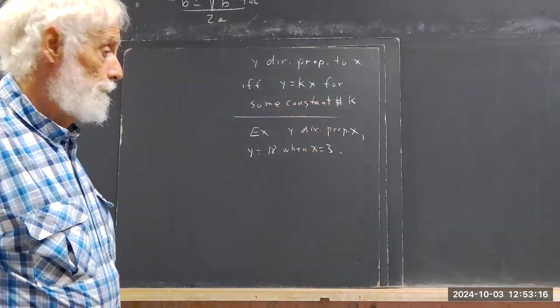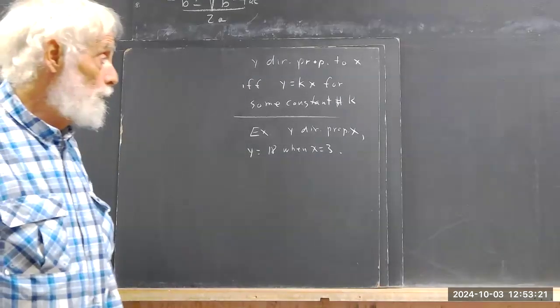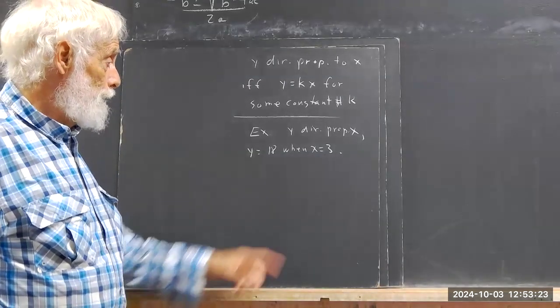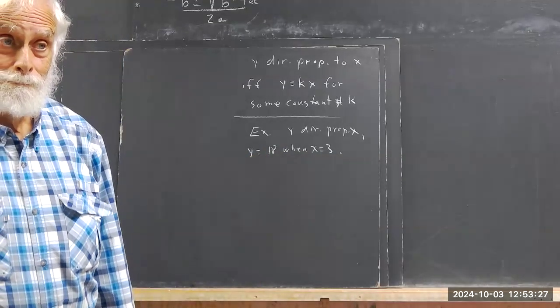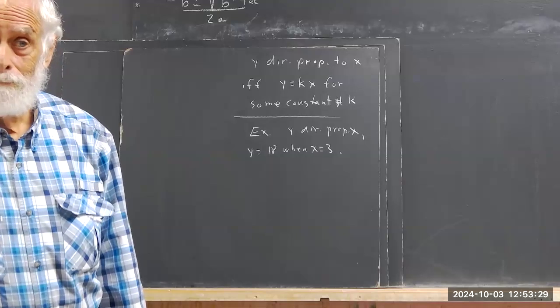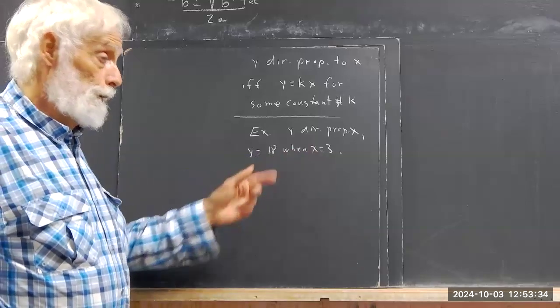So the question is, what do you have to multiply x by to get y? You show me with your fingers. 6 times 3 is 18.